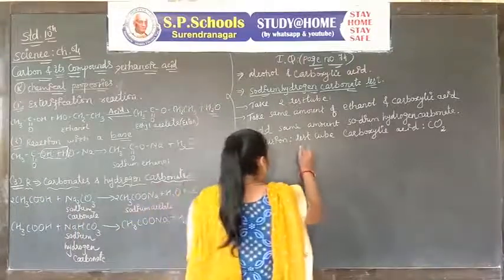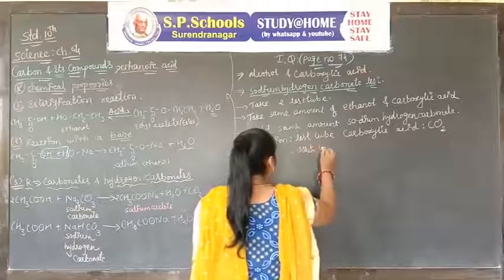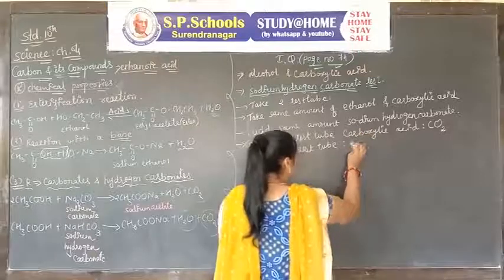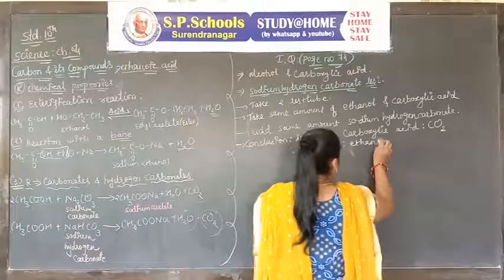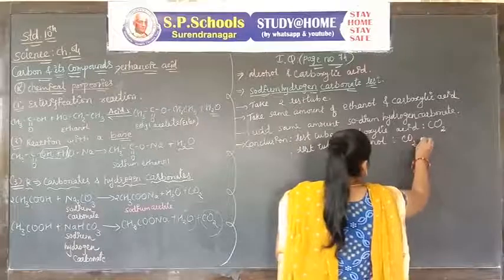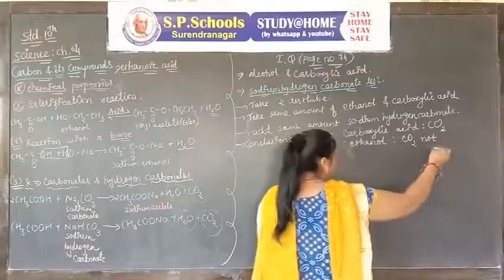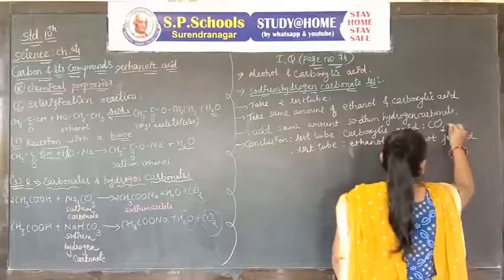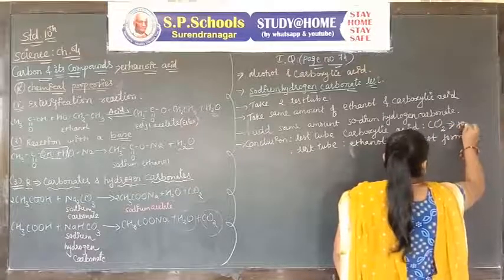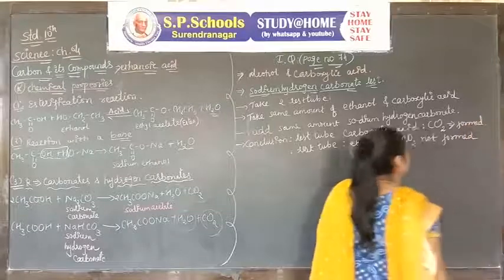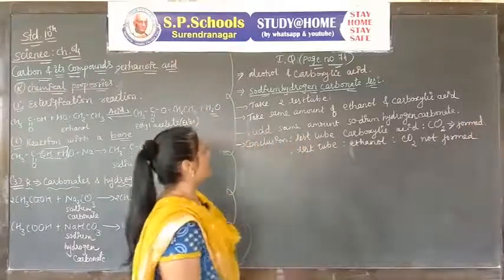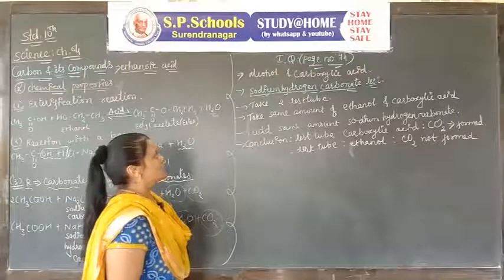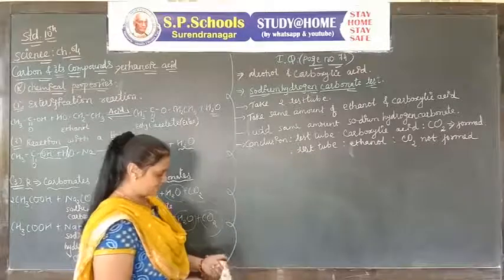But in the test tube in which ethanol is present, CO2 will not be formed. So with the help of the sodium hydrogen carbonate test, we experimentally distinguish alcohol and carboxylic acid.